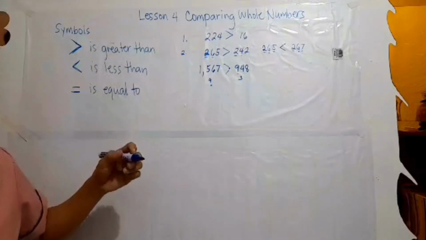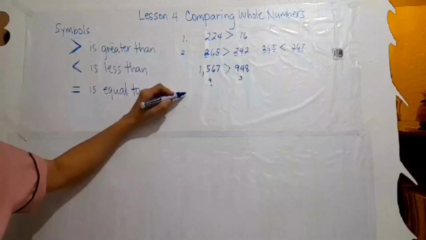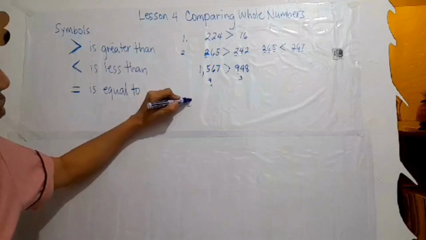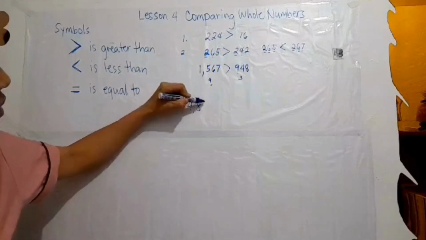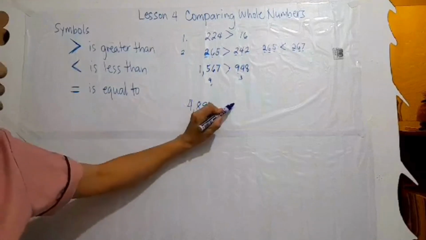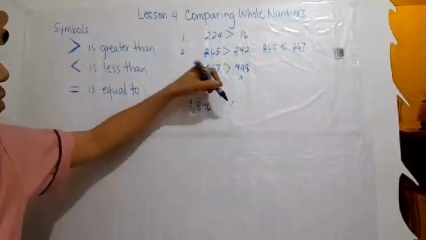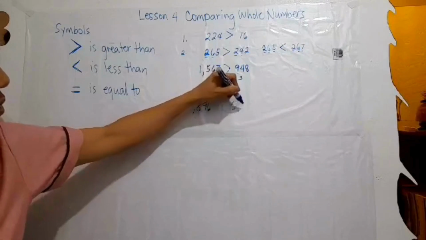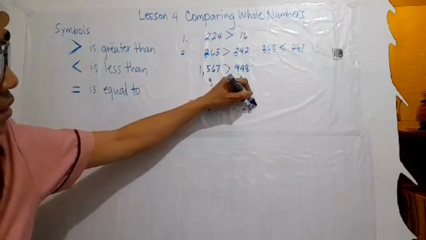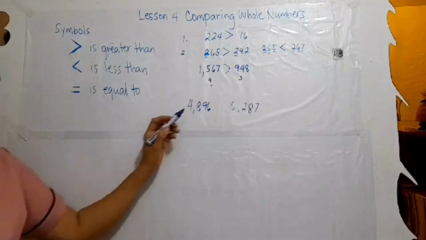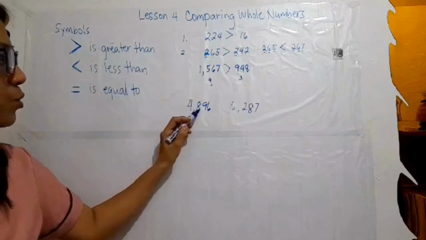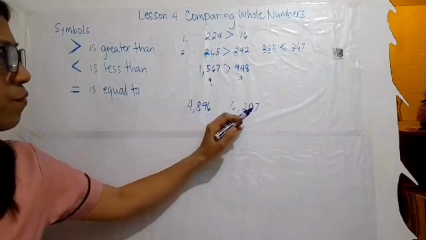Let's have more examples. 4,896 and 6,287. Okay, so they both have 4 digits: 1, 2, 3, 4, 1, 2, 3, 4.